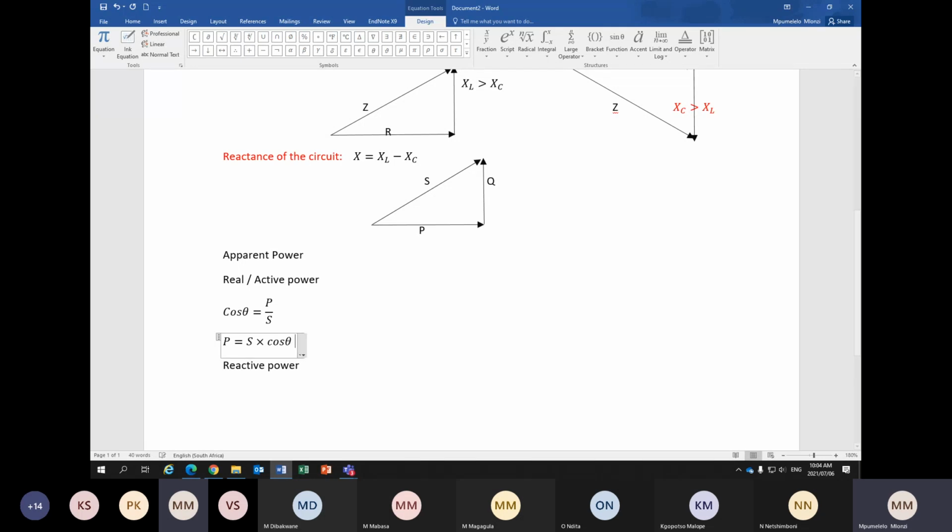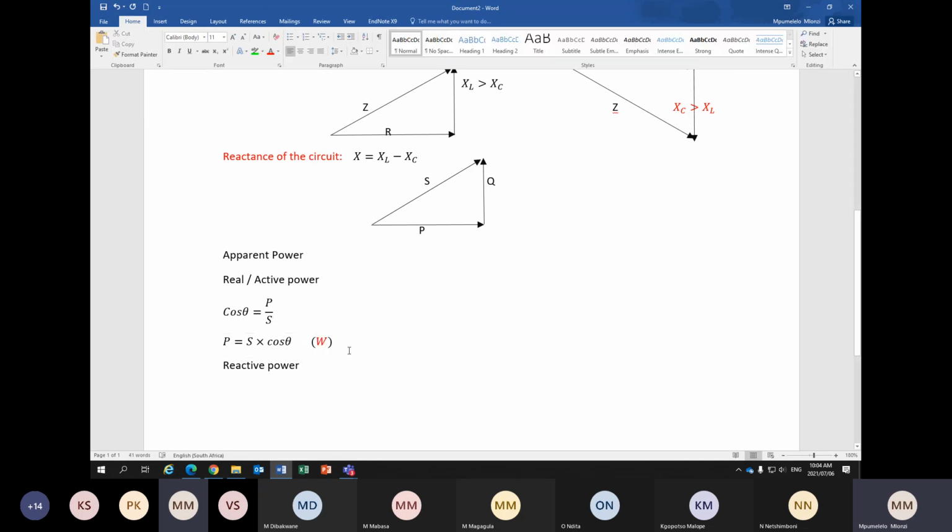The unit for power is watts. This is my real or active power.